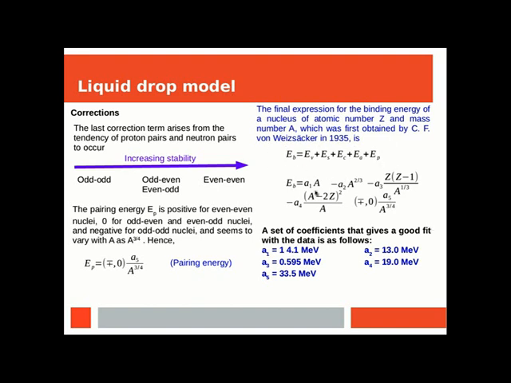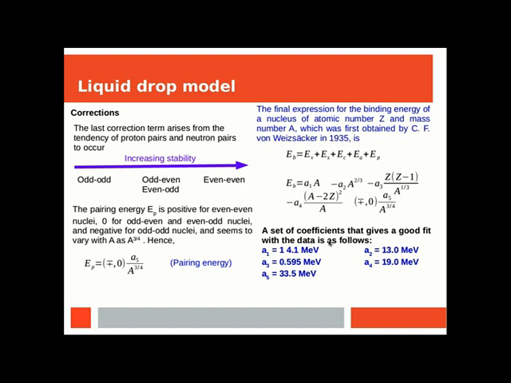So by substituting these values, we get this as the final formula, and these values of A1, A2, A3, A4 and A5 provide the best fit to the binding energy curve that we saw in the previous slides.